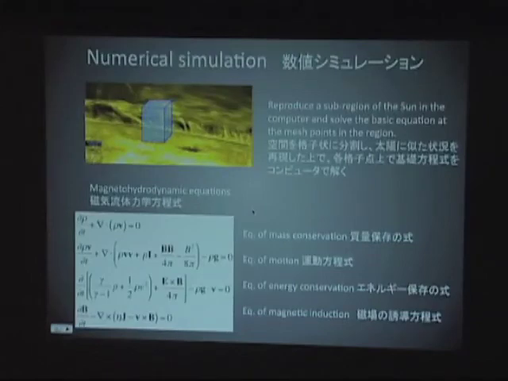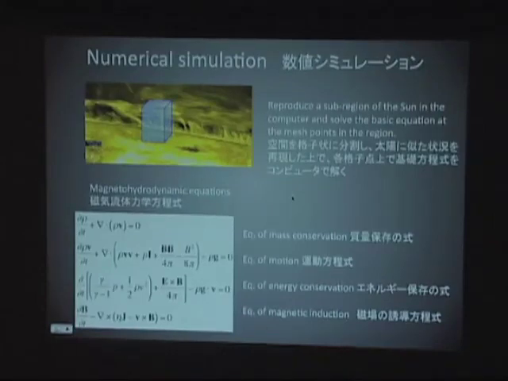I would like to talk about mathematical and numerical simulation. Theoretically, solar phenomena can be reproduced in the computer. In order to do so, we focus on some block of the solar phenomenon, and inside that box we create grids.